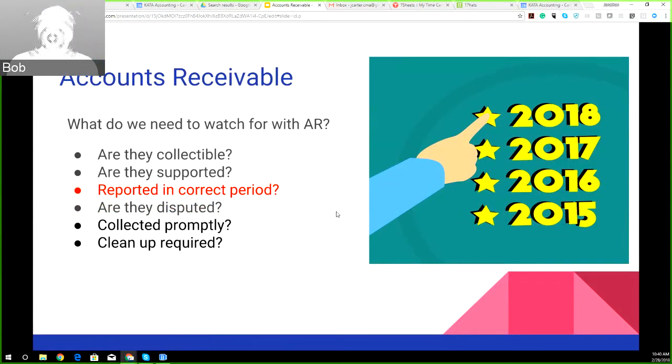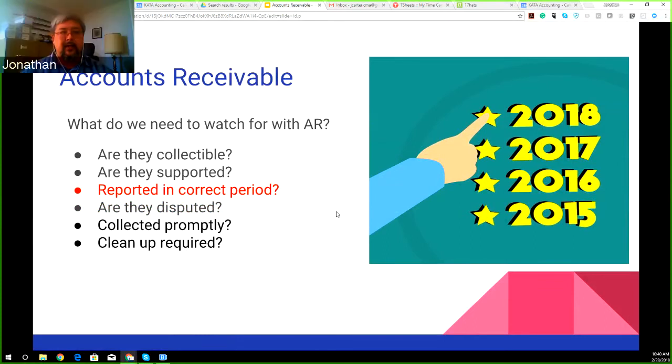So you want to check your cutoff, and it might seem pretty simple from a bookkeeping point of view, but it's something that the accountant is going to at least think about. We have something called the matching principle, which requires the expense and revenue to be tied to the same period in which they occur.